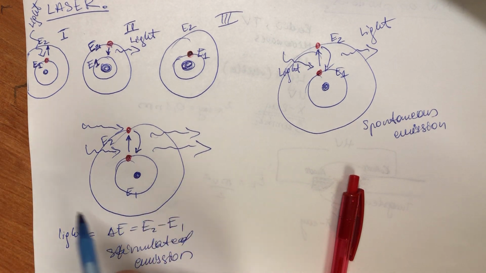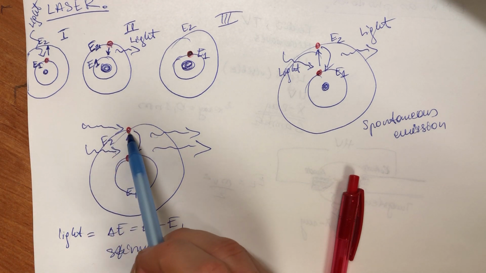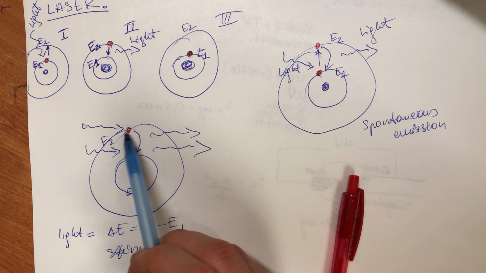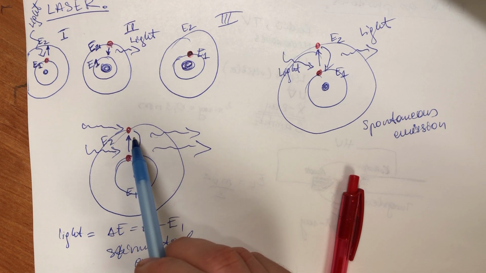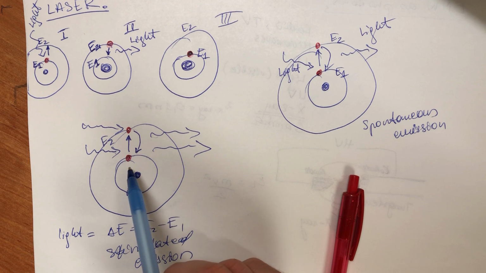So it is polarized light, and if there are also more electrons in the E2 state, then this light is amplified.